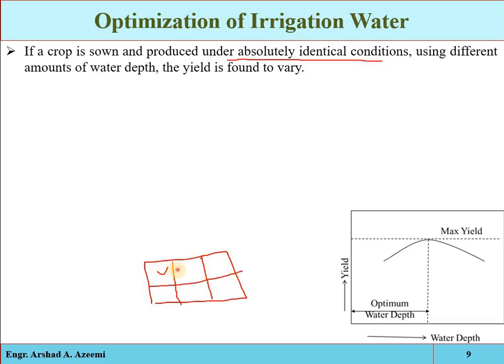In each plot the soil condition is uniform, the field is the same, so the climatic condition will also be approximately uniform. Now cultivate the same crop in each plot, but provide a different amount of water to each. See, the plot which gets less water, the yield will be less, and as the amount of water is more, the yield will be more.